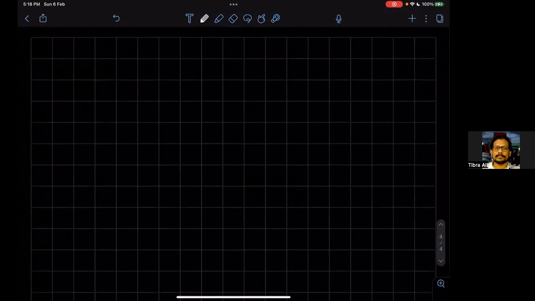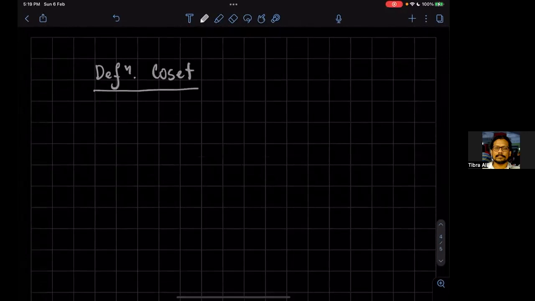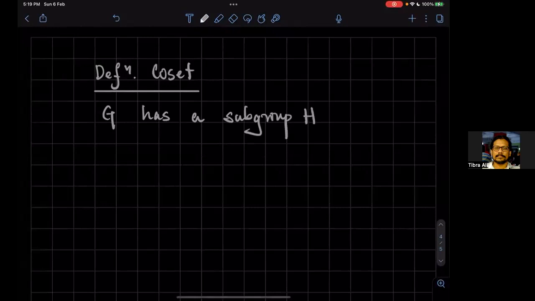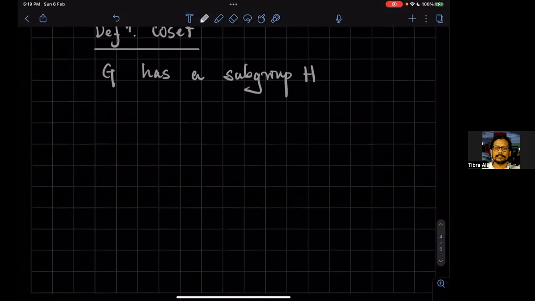So today is lecture 3, and I'll start a little bit from before we left off. I'll start with the definition that I already gave of a coset. This is a very, very important definition. Suppose that we have a group G, and G has a subgroup H. It doesn't have to be a proper subgroup.